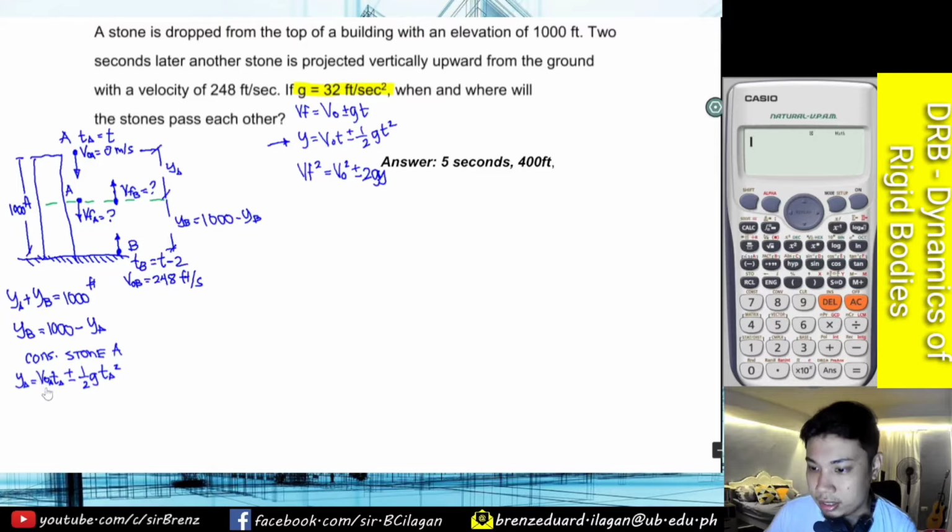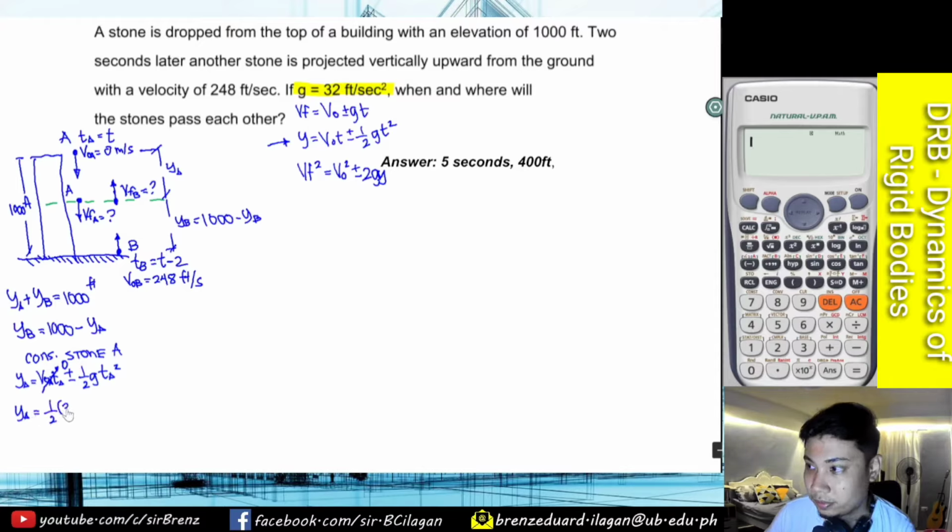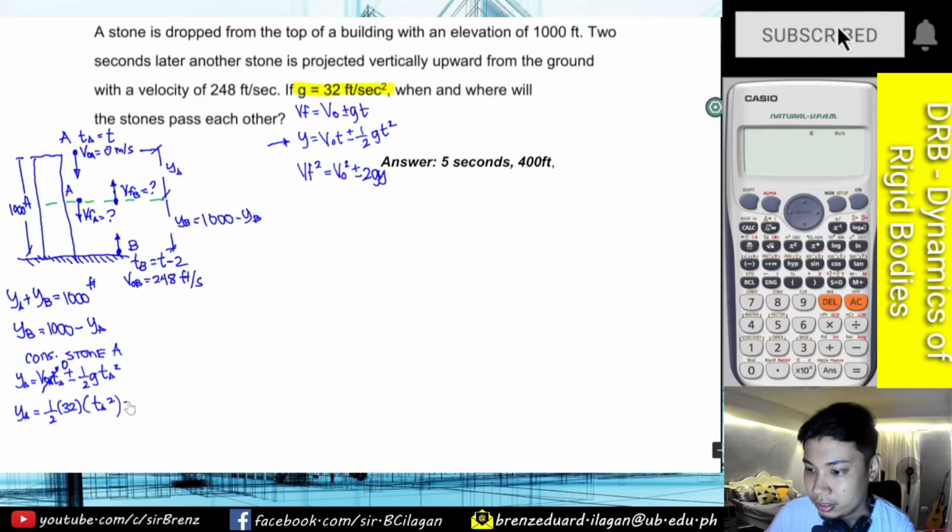Since it is dropped, its initial velocity is 0, so we can disregard this part of the equation. So YA, since the motion is downward and the gravitational acceleration is in the same direction, it will be 1/2 of 32 times ta squared.